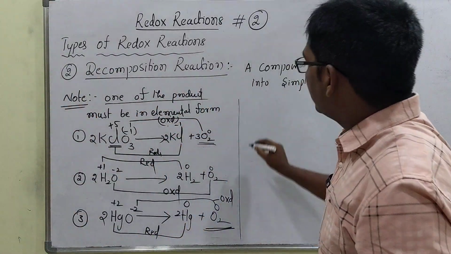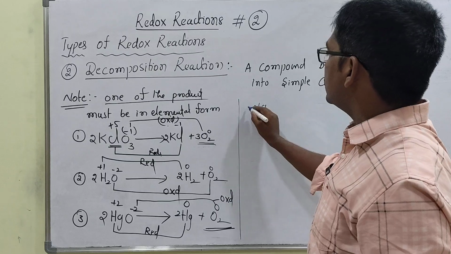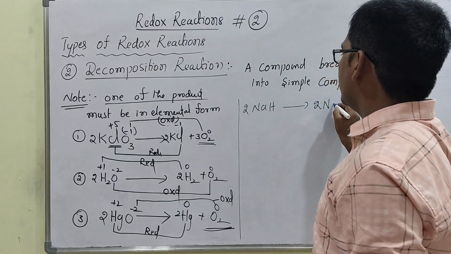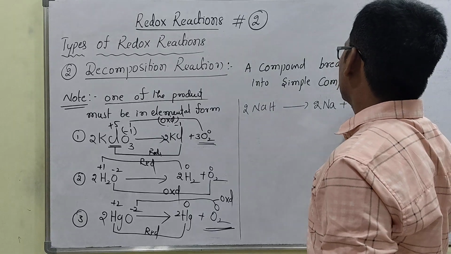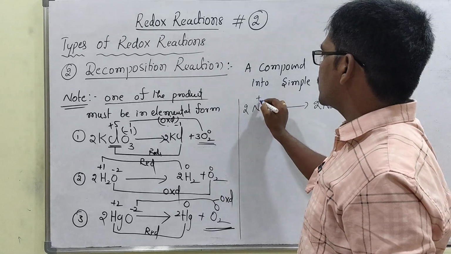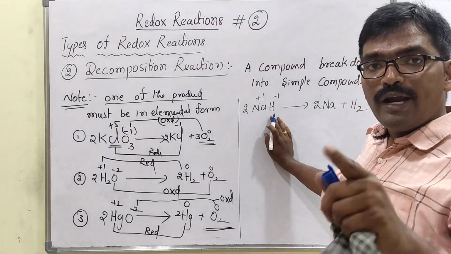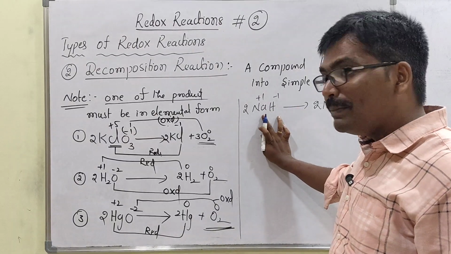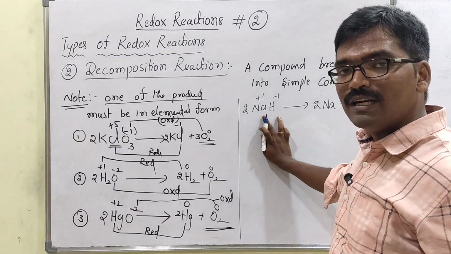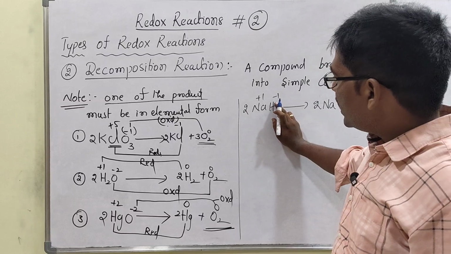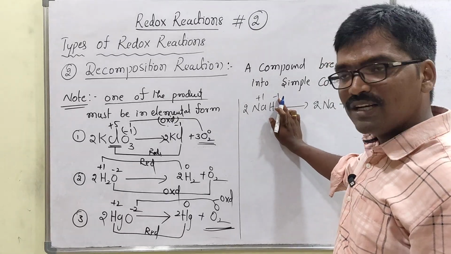Look, almost all the decomposition reactions are redox reactions. For example, one more example: NaH, sodium hydride, can be converted into Na plus H2. Here Na is in plus 1 state, and this is minus 1 state. Remember, when hydrogen is attached to metals like alkali or alkaline earth metals, hydrogen acts in the hydride state, minus 1 state.